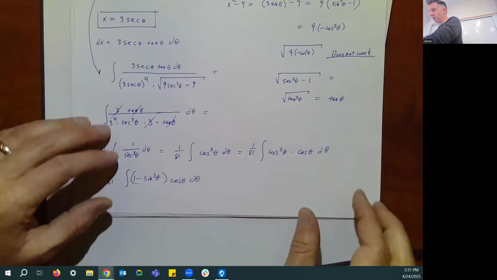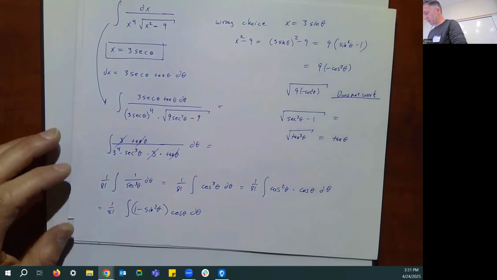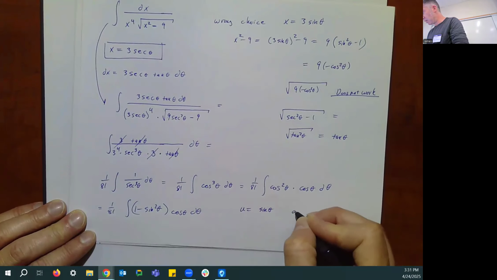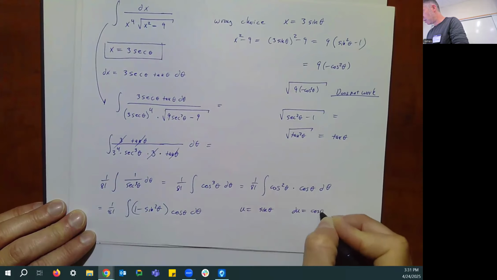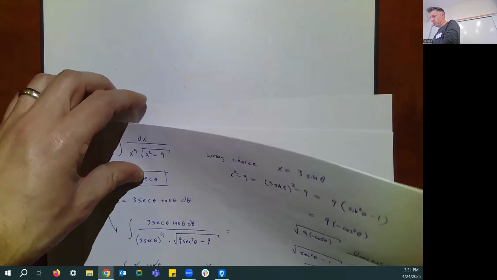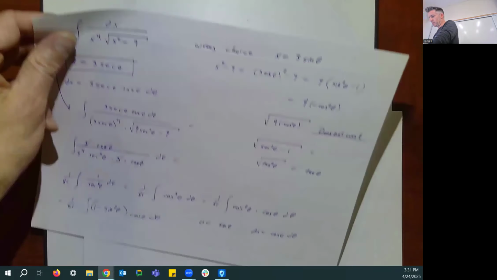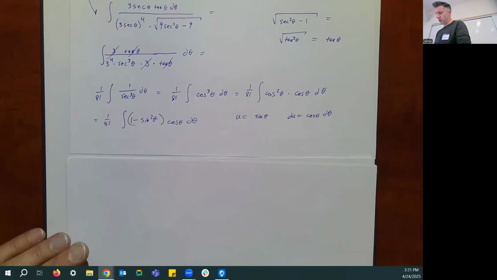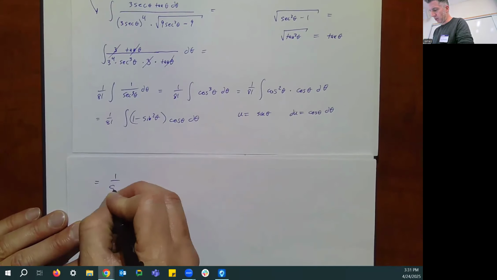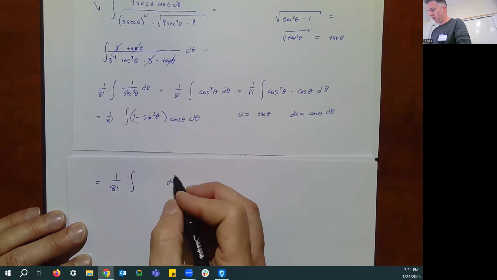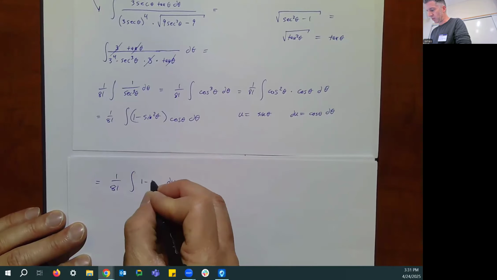And then we're going to let u equal sine, and our du is going to be cosine. So u equals sine theta, du is equal to cosine theta d theta. So our integral becomes 1 over 81 times the integral of our cosine theta d theta, which is our du, and our 1 minus sine squared is 1 minus u squared.